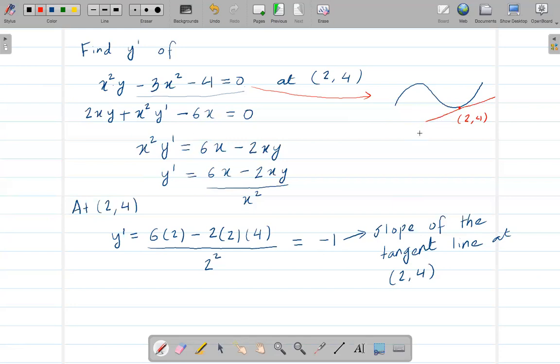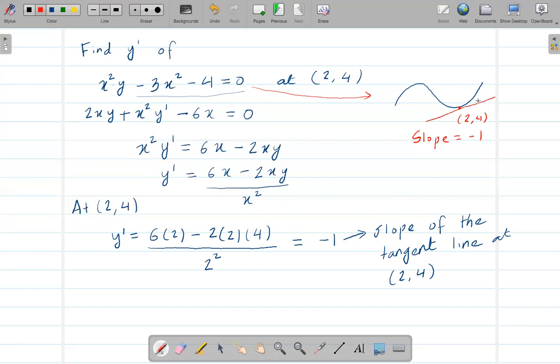So the slope is -1. So can we find the equation of this line? Is it possible to find the equation of this tangent line or not? Because I think you will see these kinds of problems in the exam, or also on the homework as well. Okay, so what about the equation of this line?